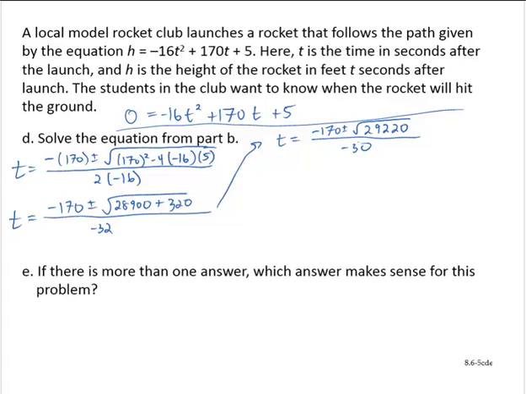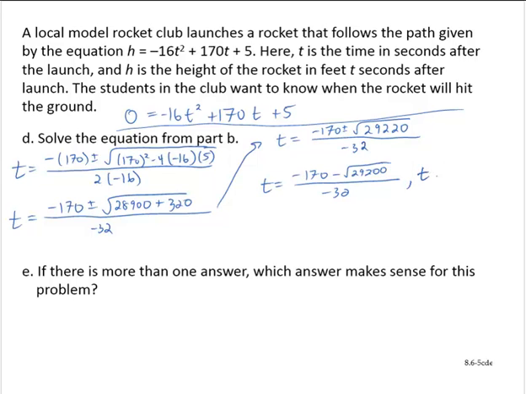Alright, so now I'm going to break this up into two solutions. t is negative 170 subtract the square root of 29,220 over negative 32, and that should have been a 32 in the previous line.